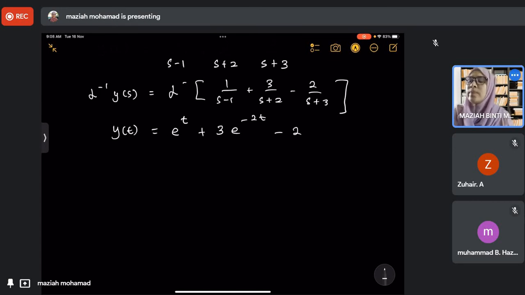Minus 2, 1 over s plus 3 is exponent negative 3t. Right? So that will be the solution for the Laplace form, which is also the time response. Okay. Any question?